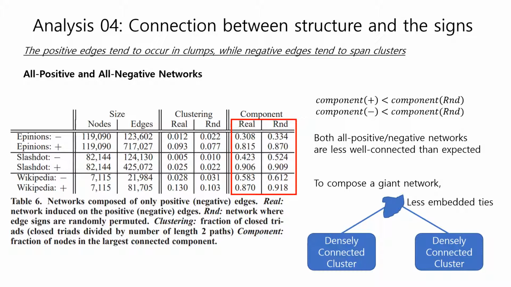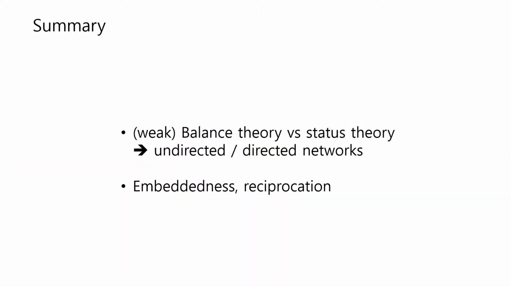A giant network in the real dataset tends to consist of densely connected clusters linked by less embedded ties. However, all positive networks have dense clusters without the bridging provided by less embedded ties, while all negative networks lack a sufficient abundance of dense clusters to sustain a large component.